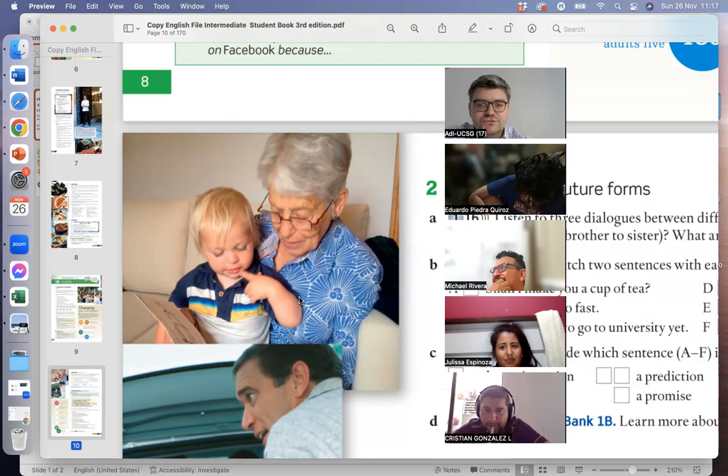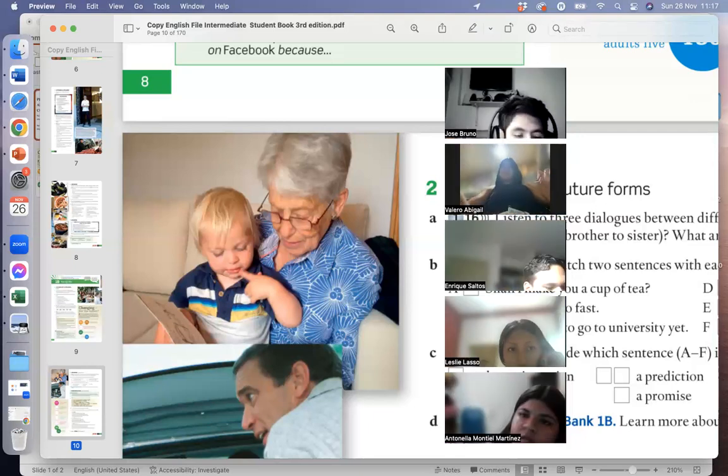Yeah, continue. Describe what you can see. So what can you see? We can see two people. Okay, one person is older, another person is a child. Okay, what are they doing? Reading a book. Okay, good. What else?